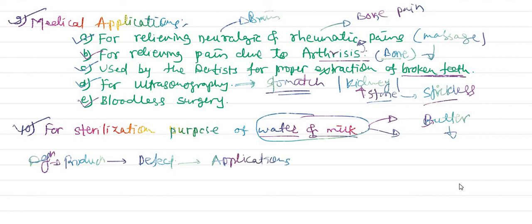If you are looking forward to learning anything new, we should take it in this manner only: how to define it, what the concept is, then how to produce that particular thing, then how to detect it, and whether there are applications of that thing. And yes, there are several applications of ultrasonic waves that we have seen in this video.